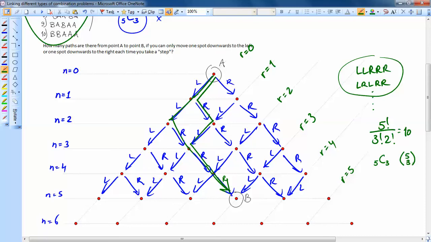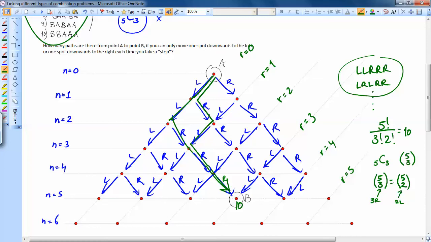So it doesn't really matter if I say 5, I'm going to choose 3, or 5, I'm going to choose 2. This would be 3 rights versus choosing 2 lefts. Right? It doesn't matter. They're really the same path, ultimately, if you think of them that way. So these two things both end up being 10. So the number of ways to get here is 10.